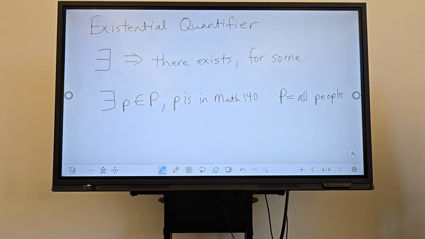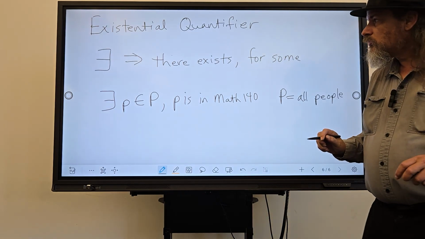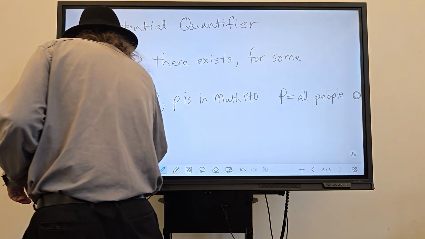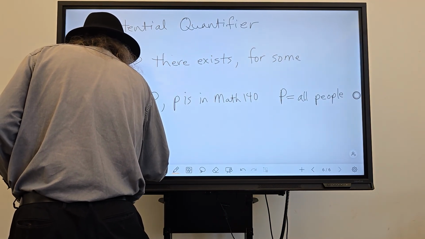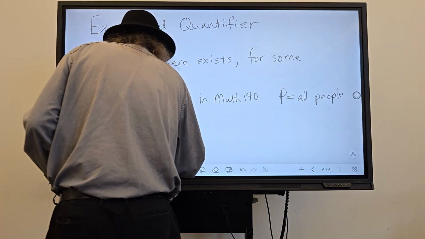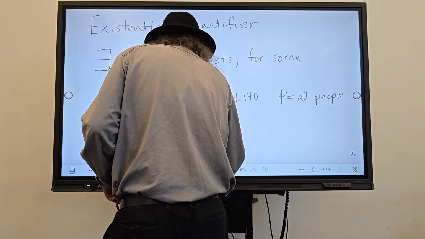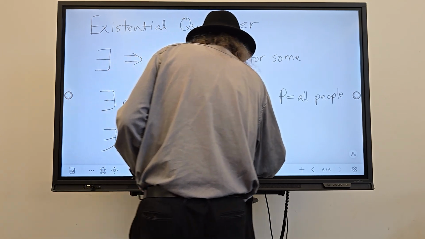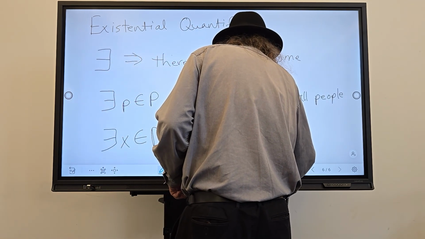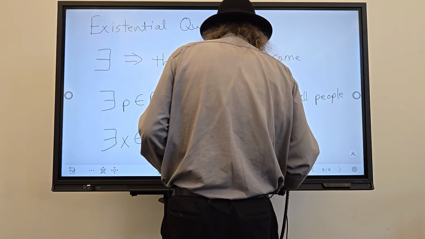Let Q of x be a predicate and D the domain of x. An existential statement is a statement of the form, inverted E, x is an element of D such that Q of x is true.